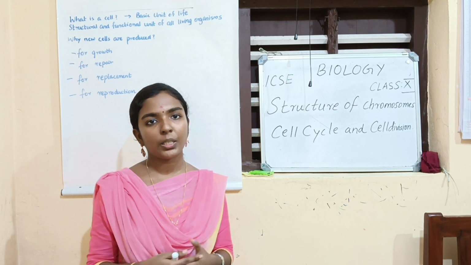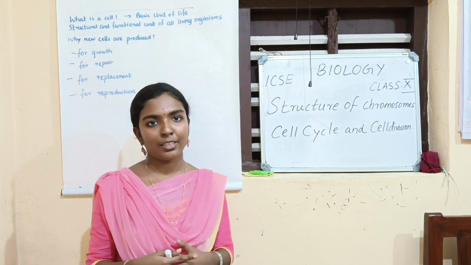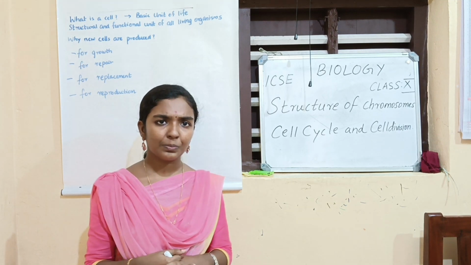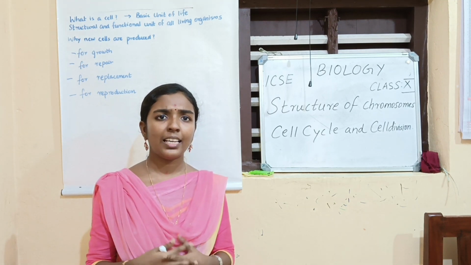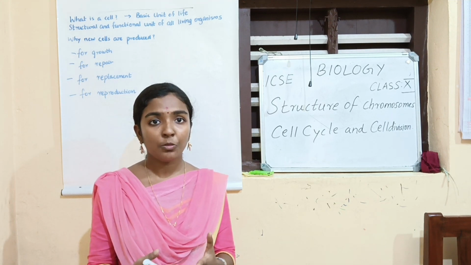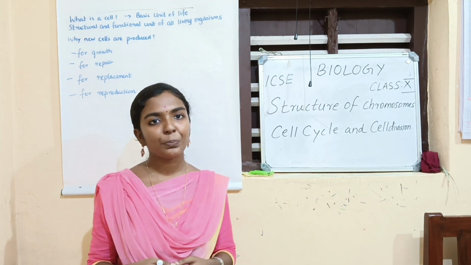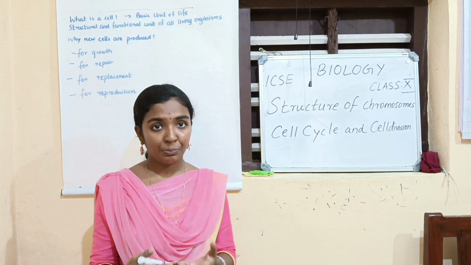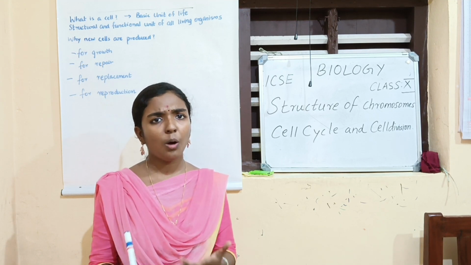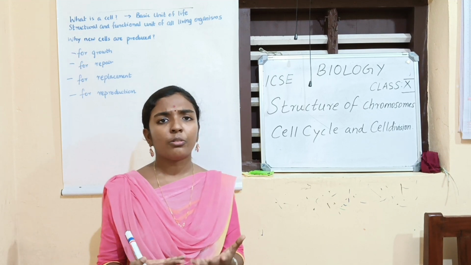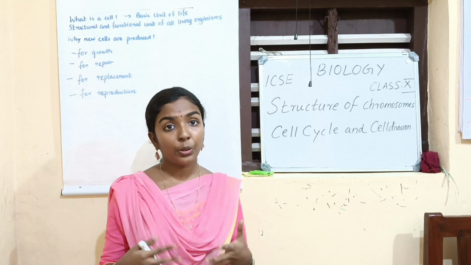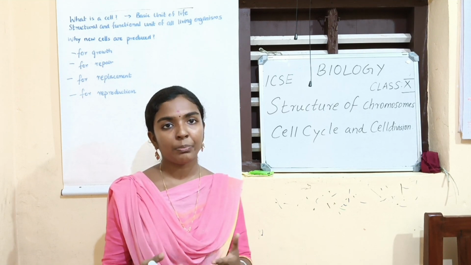So you know about cell. What is cell division? Yeah, division of cells, right? What's the need of this cell division? Why cells need to be divided? Yeah, for growth. We want to grow. Yeah, for repair. If the cells got damaged, how do the cells get repaired?